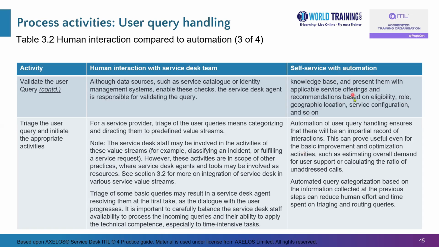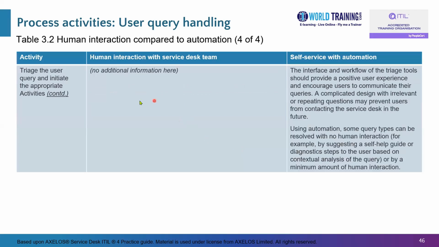In case of automation, this can be automatically transferred, for example, for incident handling, rather than manually transferring to an incident handler, and so on. Finally, triaging the user query, continuing on the same for the automation part.